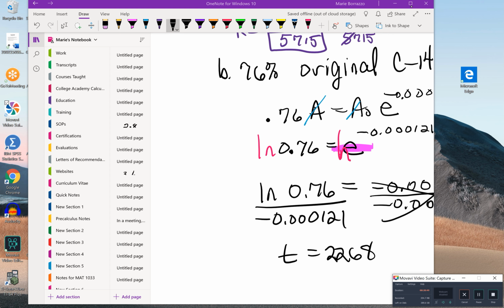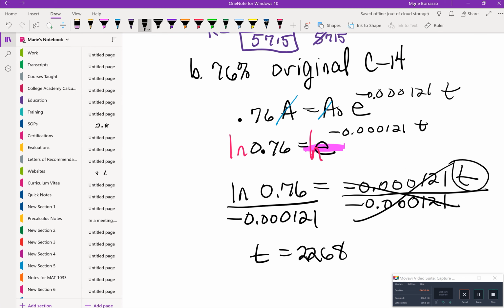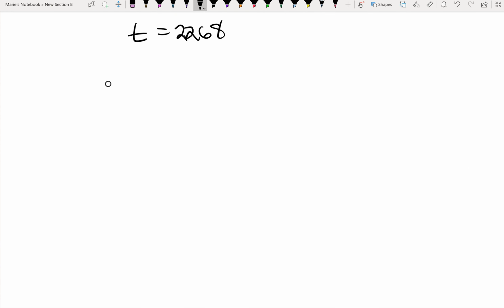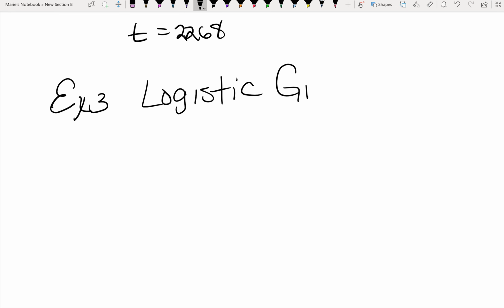As I continue this video, going on to number 3, yes, there's yet another formula that I have to throw your way. This formula is in example 3, and it has to do with logistic growth models.